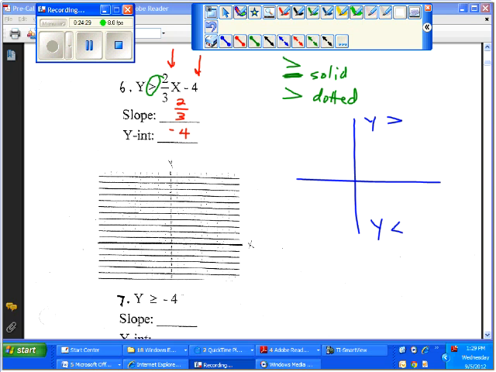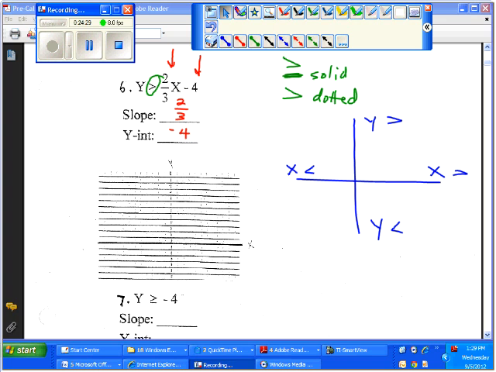How do you know when to shade to the right? If it says x is bigger, you shade to the right, because that's where x gets bigger. If it says x is smaller, you shade to the left, because that's where x gets smaller. Now, it's only going to say x is bigger or x is smaller if it's what kind of line? A vertical line, an x only, you see.